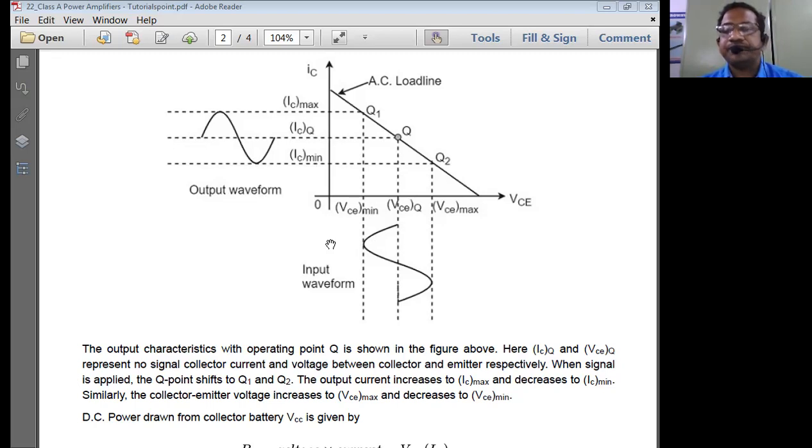That means we should provide some mechanism to get the maximum voltage swing and maximum current swing at the output of the amplifier circuit.